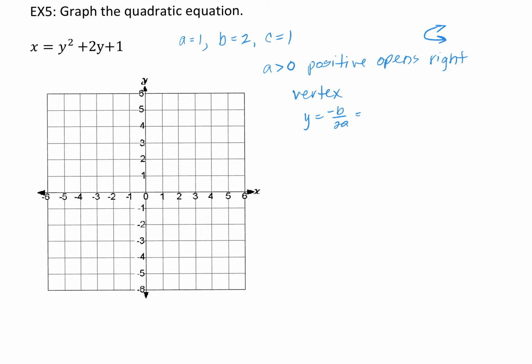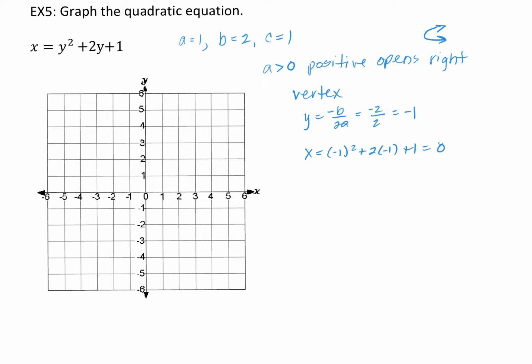And in our case, that would be a negative 2 over 2, or negative 1. So we need the x value that goes with that. We would put the negative 1 back into our equation to get negative 1 squared plus 2 times negative 1 plus 1. And then that should give us 1 minus 2 plus 1, or 0.